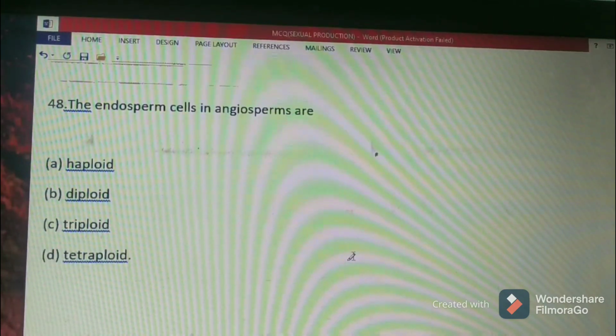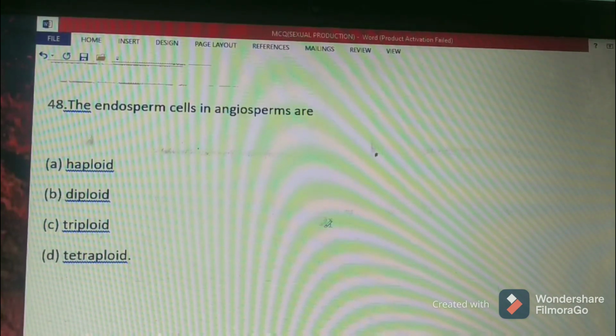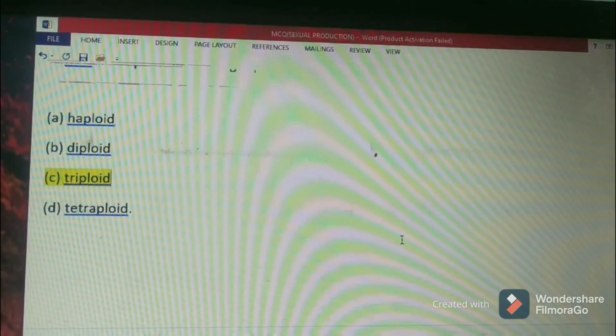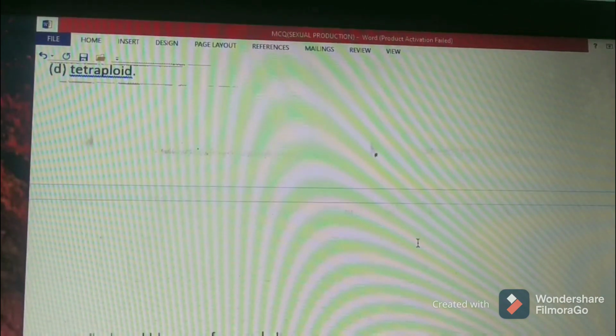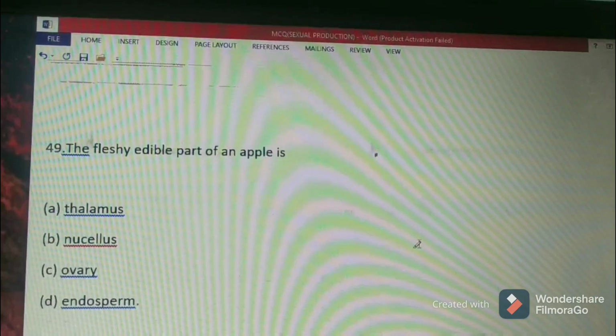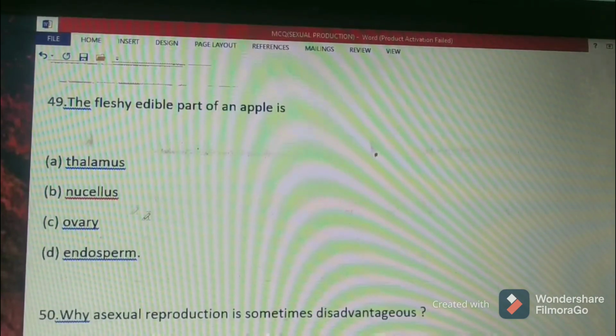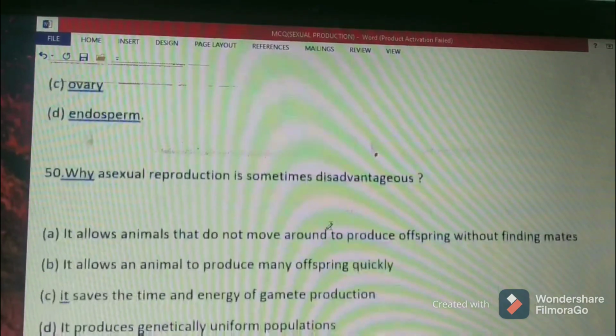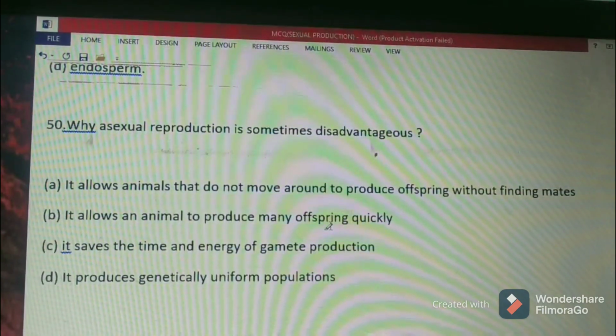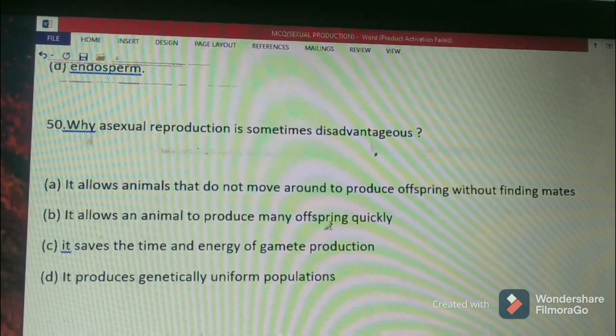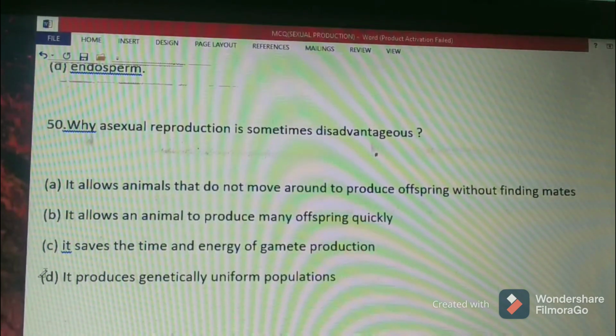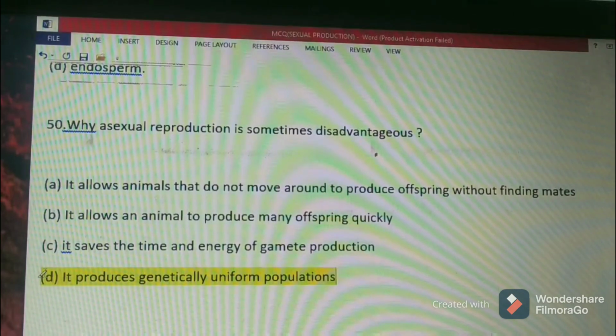The endosperm cells in angiosperms are triploid. The fleshy, edible part of an apple is thalamus. Why is asexual reproduction sometimes disadvantageous? Because it produces a genetically uniform population.